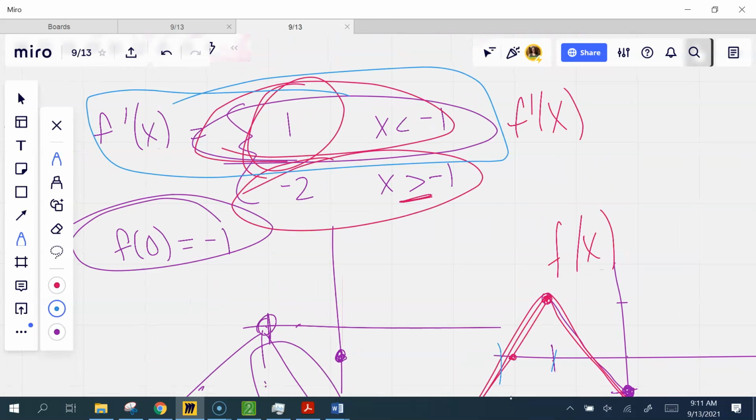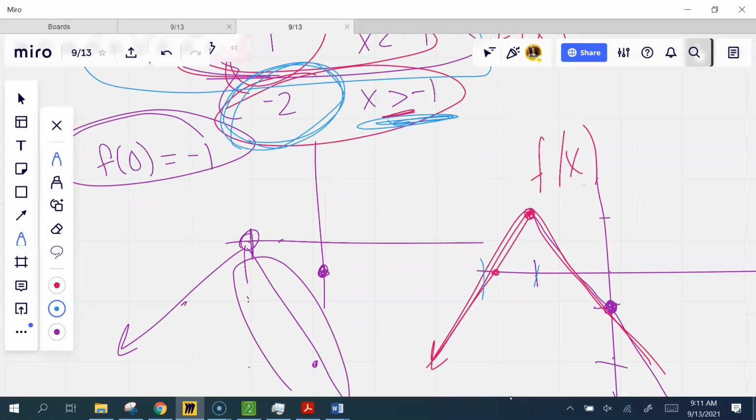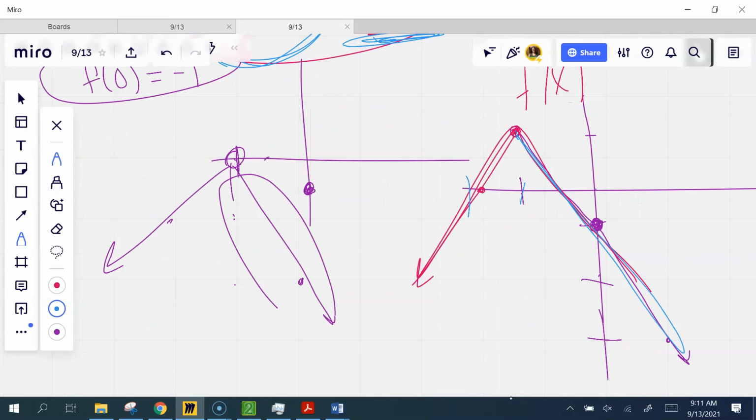When x is smaller than negative 1, draw me a graph that always has a slope of 1. When x is bigger than negative 1, draw me a graph that always has a slope of negative 2. So this one's negative 2 when x is bigger than negative 1, and this one's positive 1 when x is smaller than negative 1, because there's your cutoff, negative 1.